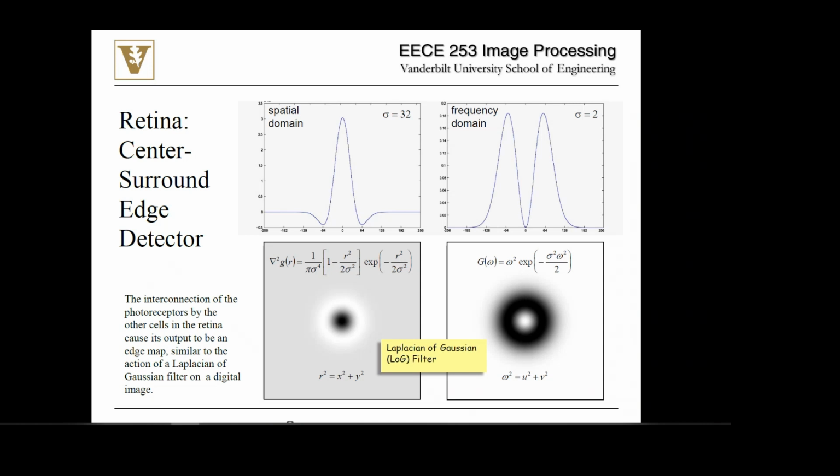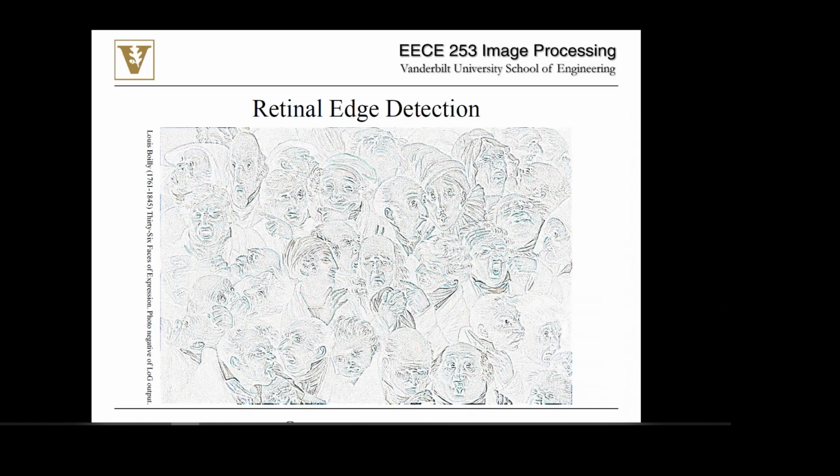It's low pass, high pass, band pass. It's a band pass. And this is in one dimension. This is in two dimensions. Okay. And this is the way to simulate this kind of thing. We see the edges, and the brain has to interpolate the box.